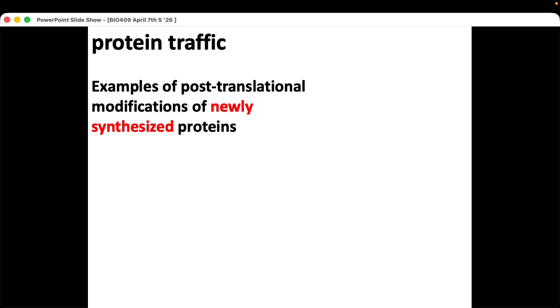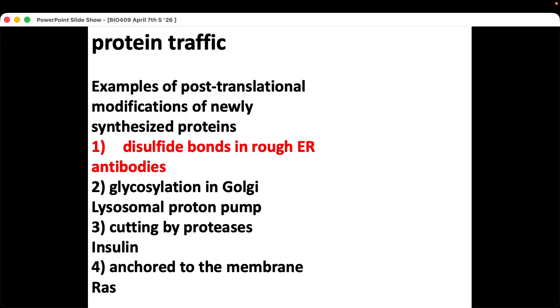So these would be examples of the post-translational changes occurring on these pathways, and they're not the same proteins. And I'm going to talk about insulin again, but they're not the same proteins. And you don't need to scramble to write them down, because we'll go through them one at a time, and we're going to talk about 4 examples.